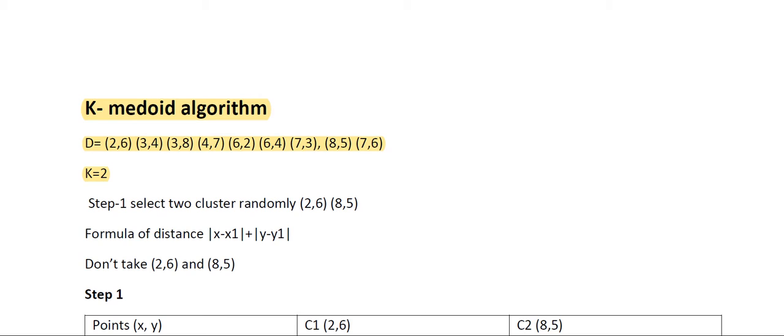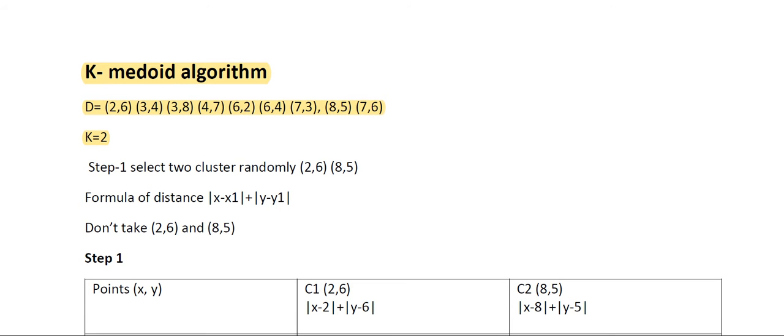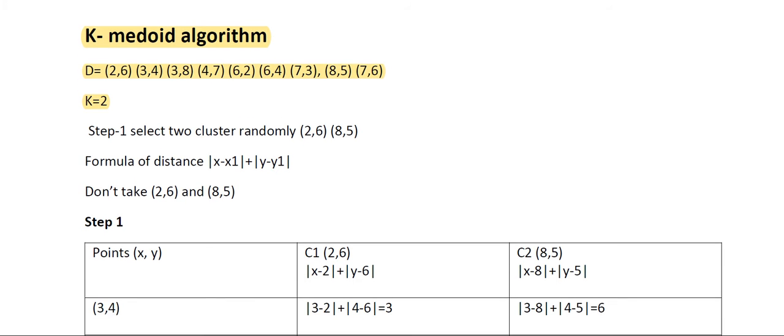After that we will use a distance formula, also called the Manhattan formula, which is mod of x minus x1 plus mod of y minus y1. Don't take the 2,6 and 8,5 points again, because we have already taken clusters for those points.